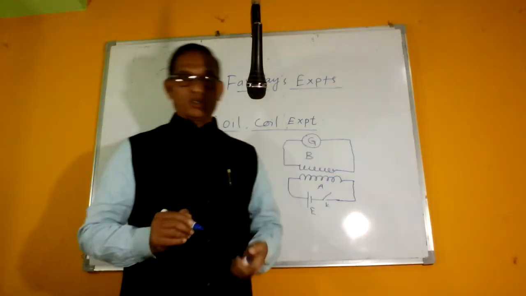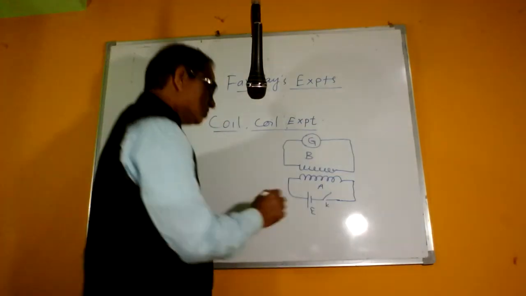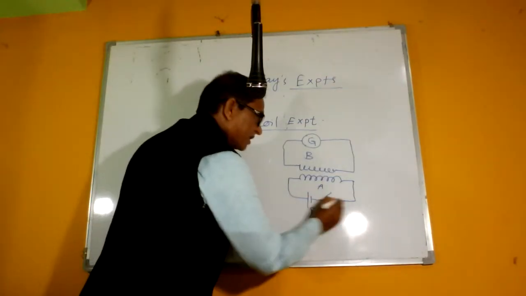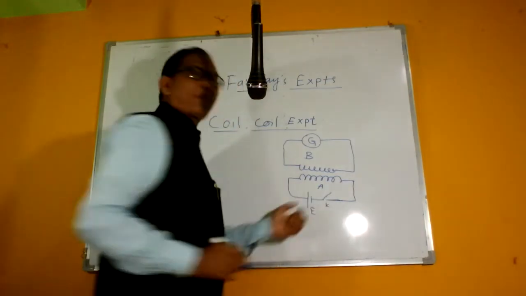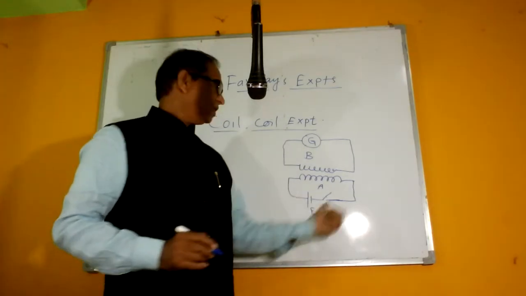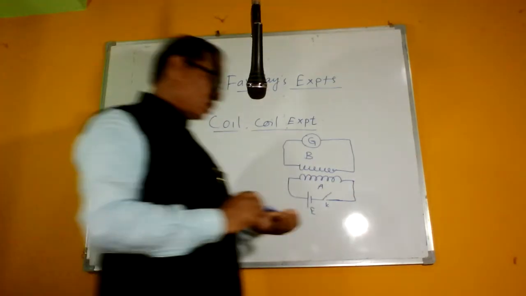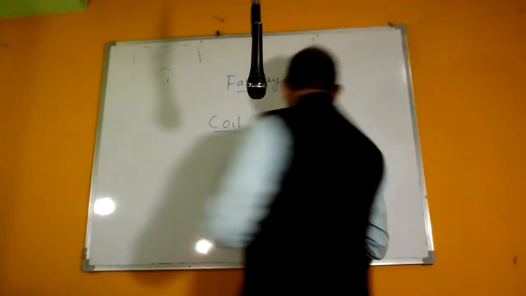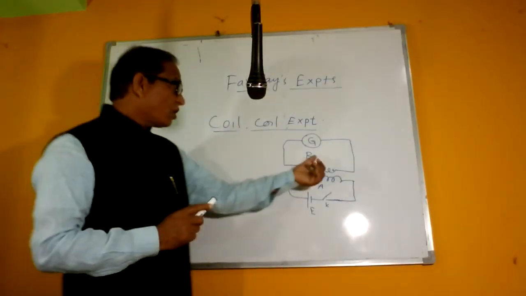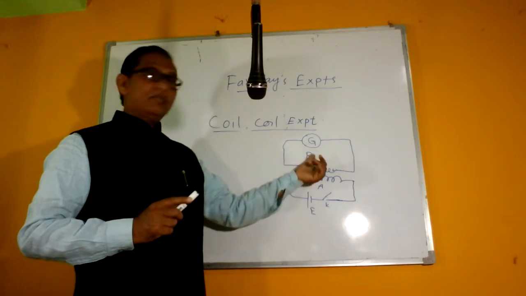Now, if we press this key so that the current starts to flow in coil A, the induced EMF is developed in coil B and the galvanometer shows a deflection.